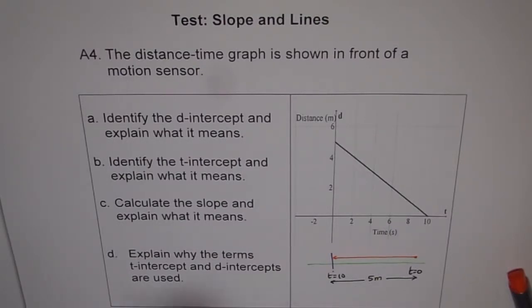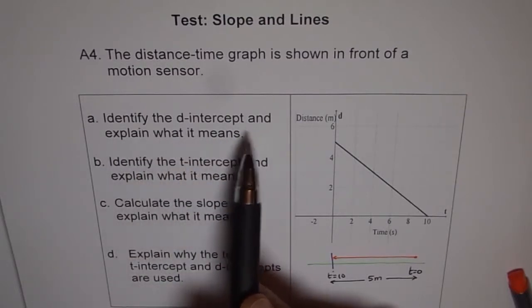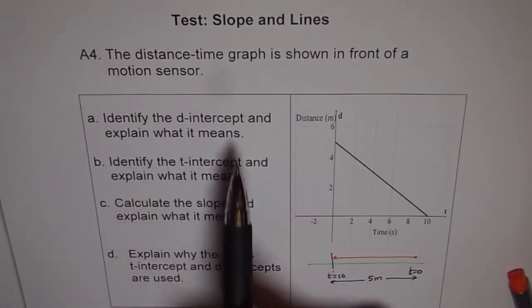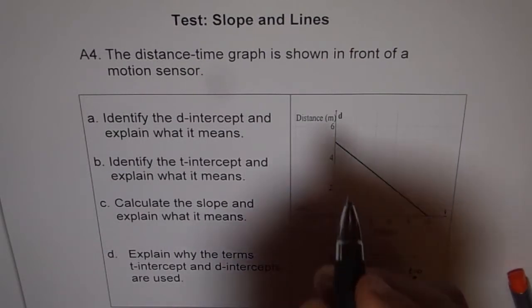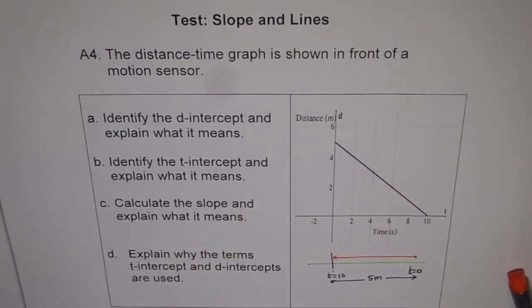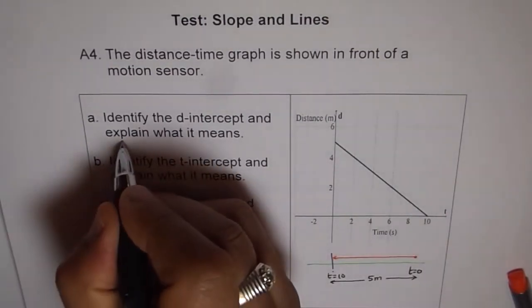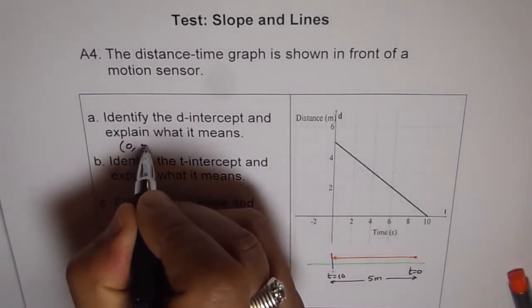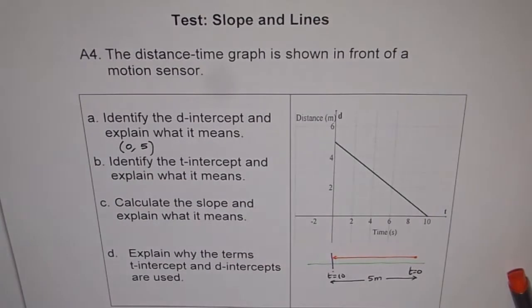Okay. Now identify the d-intercept and explain what it means. The d-intercept is this point, where the t value is 0 and the d value is 5. So the d-intercept is (0, 5), correct? Explain what it means.